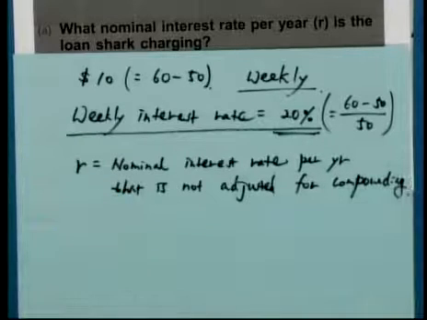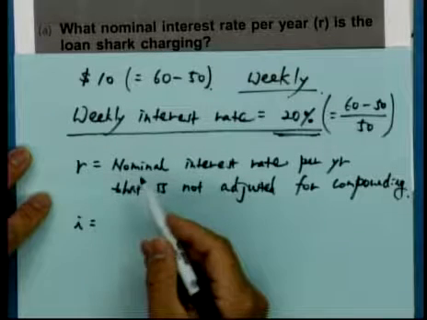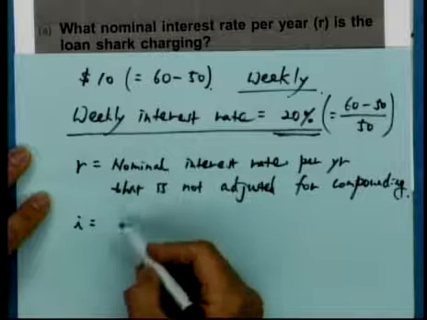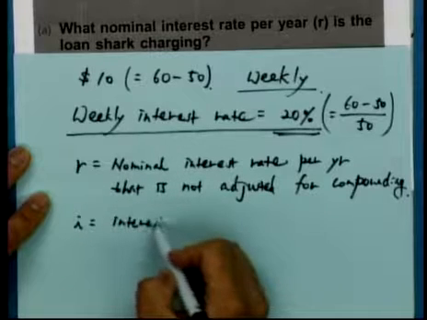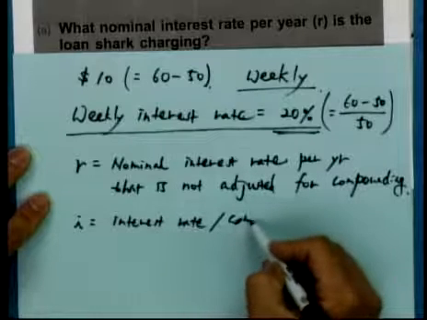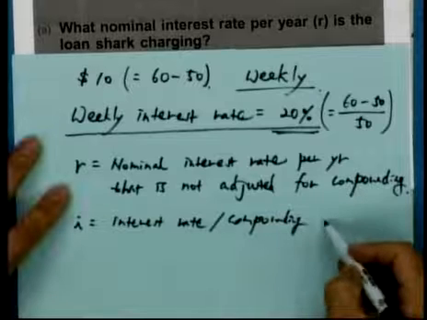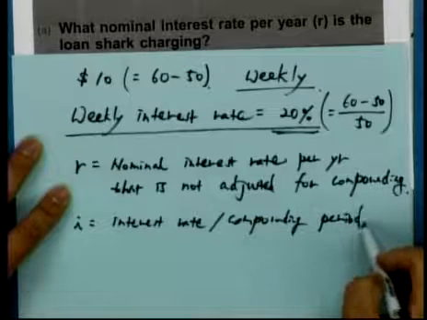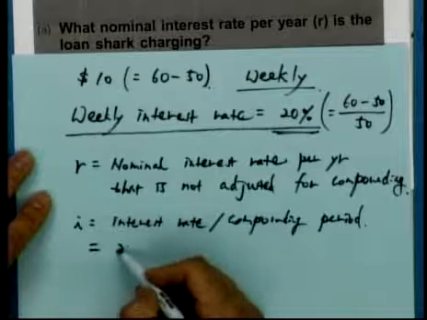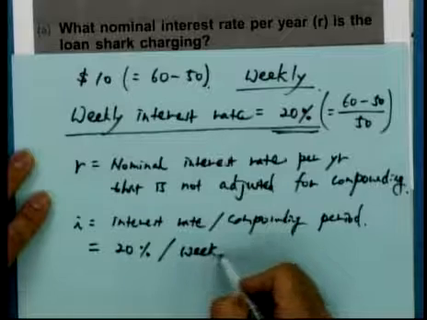Okay? And i is the interest rate per compounding period. So in this case, it is going to be 20% per week. Is that right?